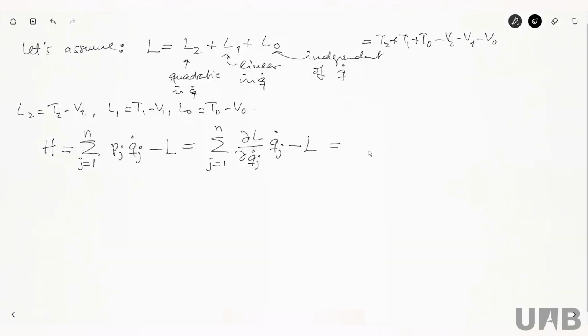So minus L is going to be minus L2, minus L1, minus L0. This is obvious. But what is the first term? What is the derivative of L with respect to Q dot times Q dot when L has a quadratic term in Q dot? Who can guess what the answer is going to be?